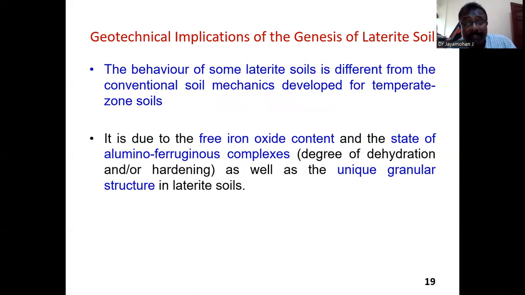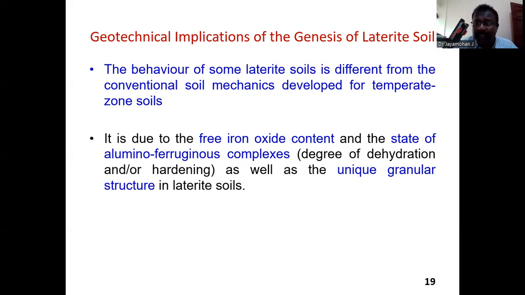This is the reason why the behavior of lateritic soils is different from conventional soils like sand and clay, whose concepts are developed for soils in the temperate zones. So the behavior of laterite soil is slightly different from that of sand and clay.